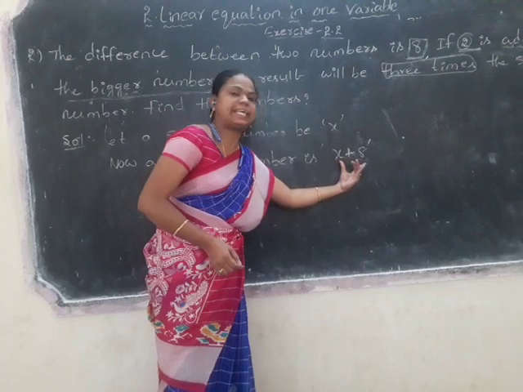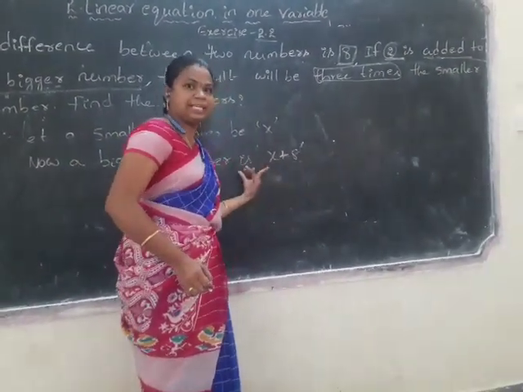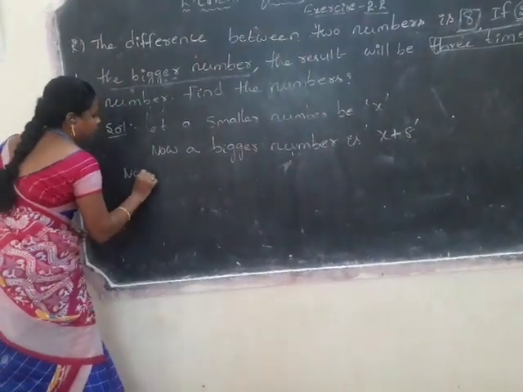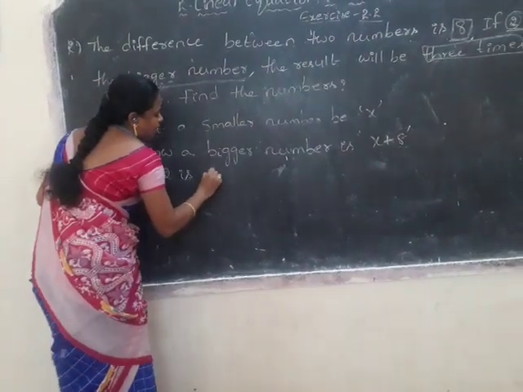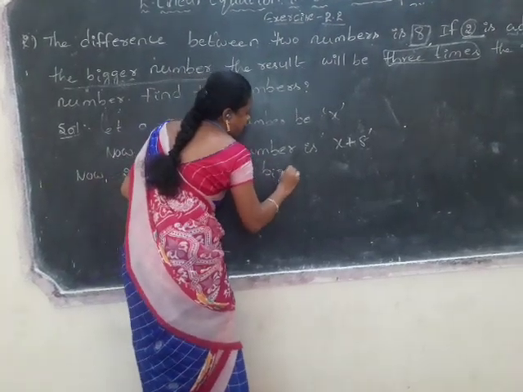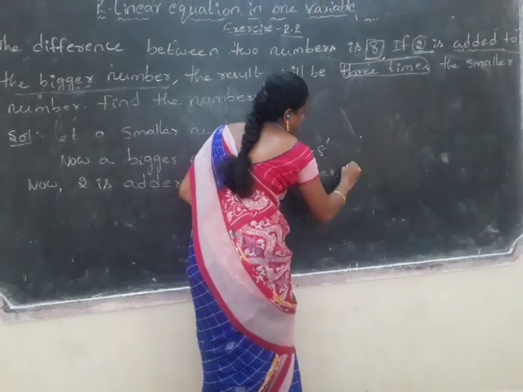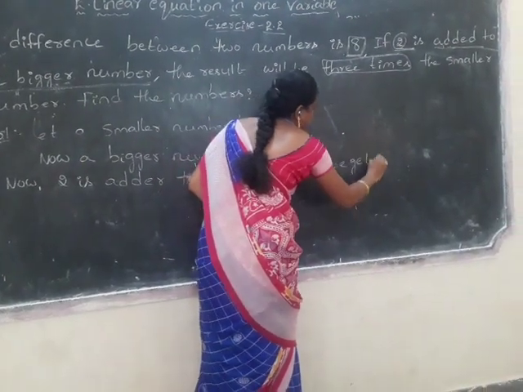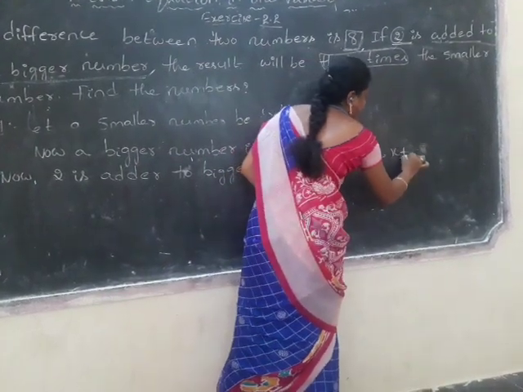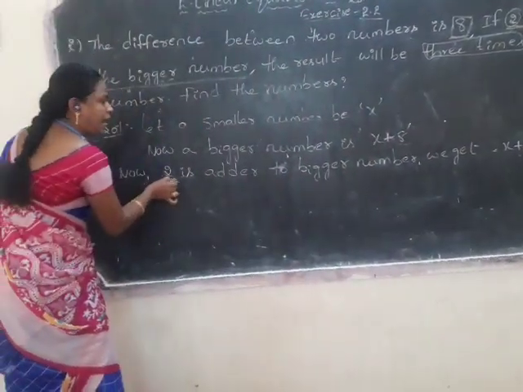Here the bigger number is x plus 8, and we have to add 2.